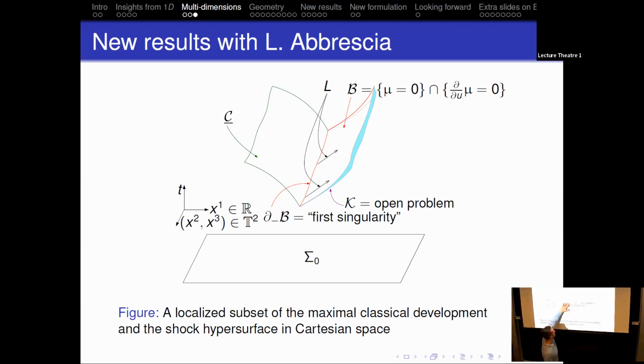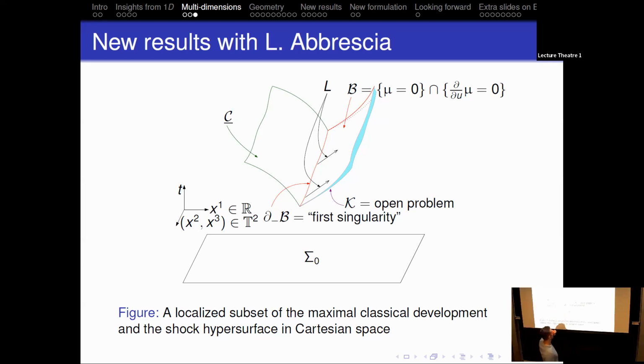And formally from Taylor expansions, or rigorously in the case of solutions with symmetry, one can see that K is expected to be tangent to the singular boundary. As it turns out, both K and B near the crease are asymptotically null in a sense. In fact, B is literally ruled in a degenerate sense by null vectors. If I have time at the end of the talk, I will talk about that degeneracy because it's very interesting, but I'm skeptical about whether I'll have time to get into that.